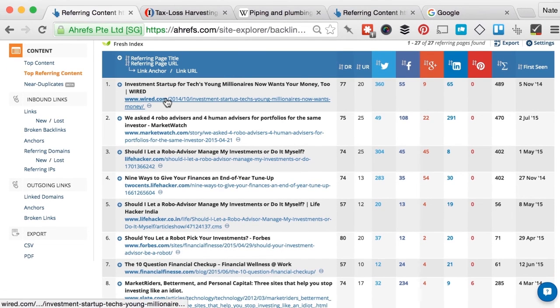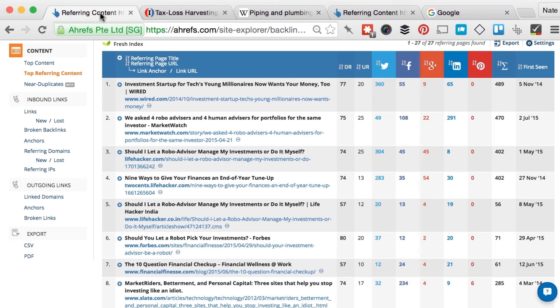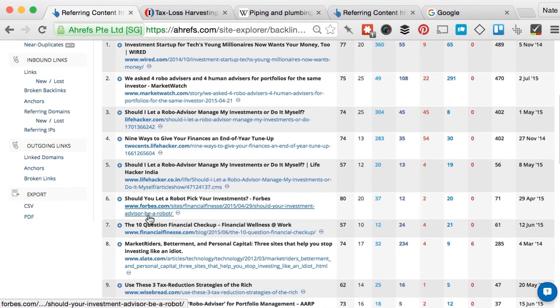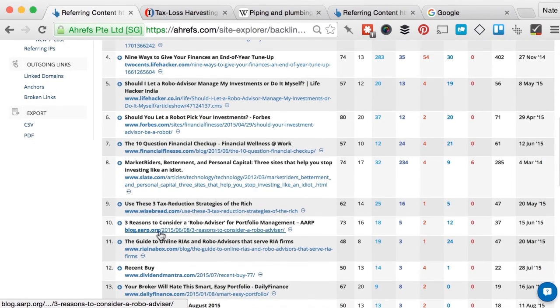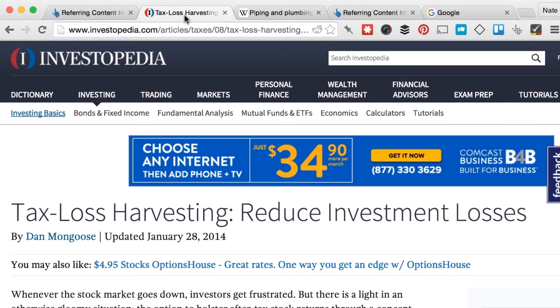So, you have links from Wired to an Investopedia article about tax loss harvesting, MarketWatch, Lifehacker, Forbes, Wisebread, the AARP, Rain Box, and again, you go through, look and see who's writing this, and why they linked here.